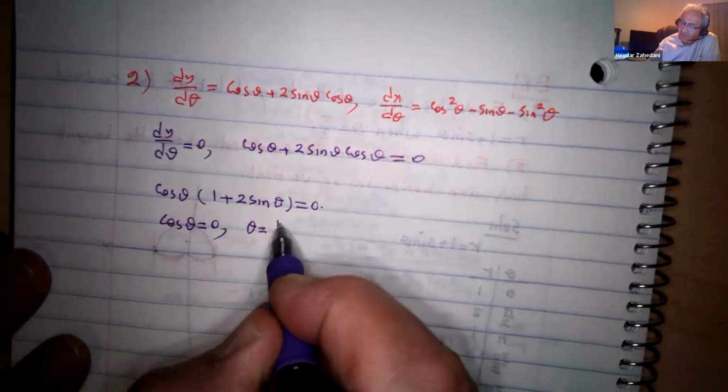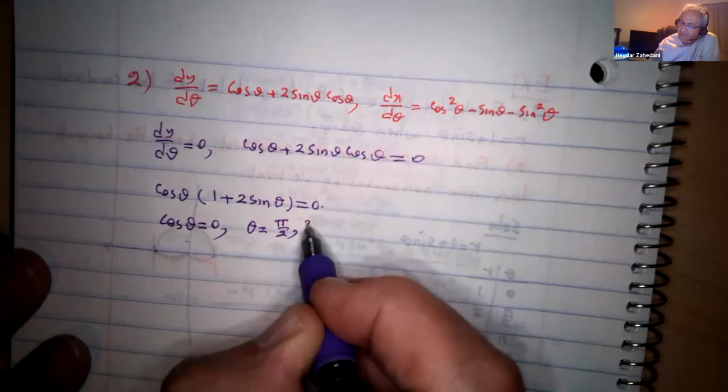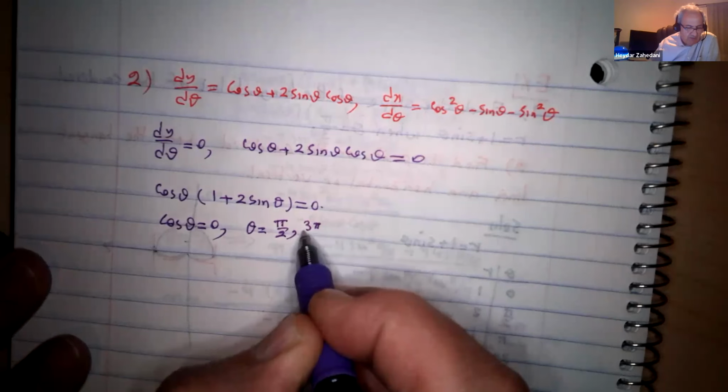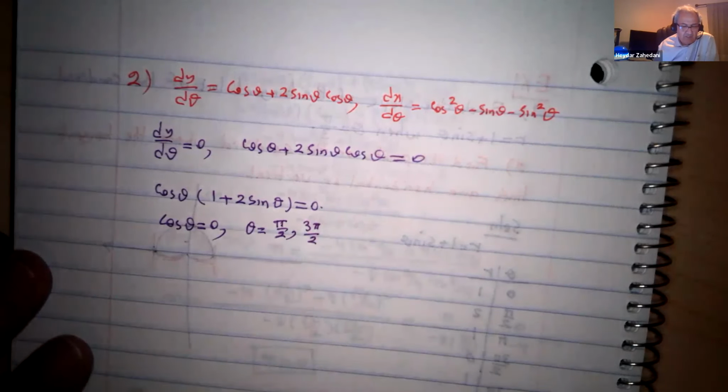The cosine of pi/2 is equal to 0, and the cosine of 3pi/2 is also equal to 0. So we get these two solutions from the first part.